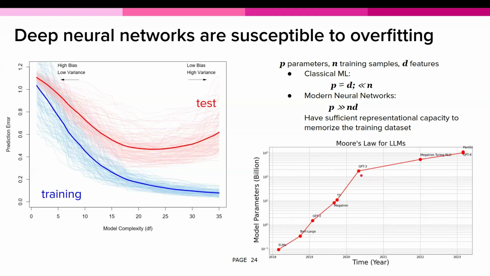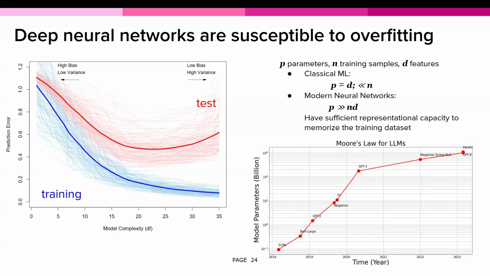I can't remember exactly when that was, maybe December of 2020. And then since then, it's grown even more, right? GPT-4 is about 1.7 trillion parameters. So they have enormous representational capacity.